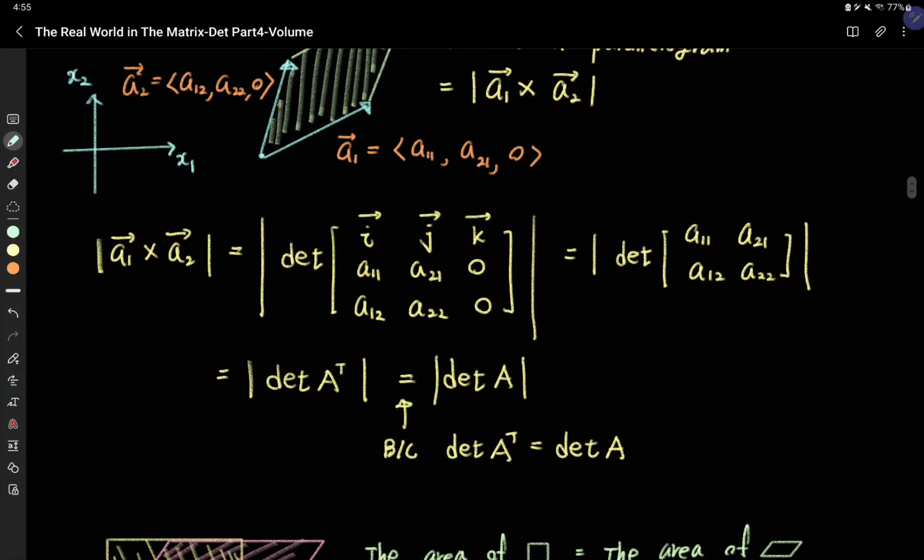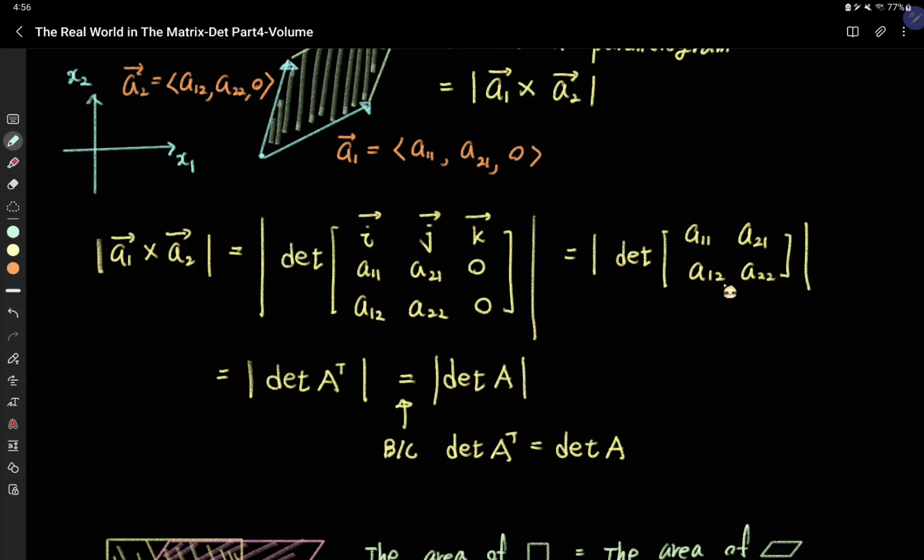Let me compute the cross product of A1, A2. This will be the absolute value of the determinant of that matrix. This is how we calculate the cross product, right? Applying the cofactor expansion for finding the determinant, because these two entries are 0, we get only this one left.